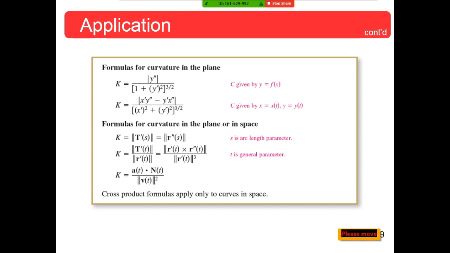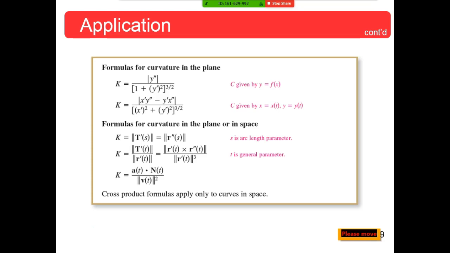So, how about curvature in the plane or in space? The plane was up top. These are formulas for plane or space. The magnitude of the first derivative of your unit tangent vector. Okay. Now that's with an arc length parameter, which is not always an easy thing to get, which would be the magnitude of r double prime in arc length parameter s.